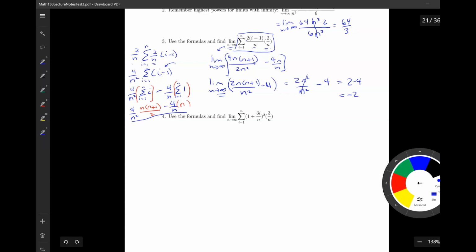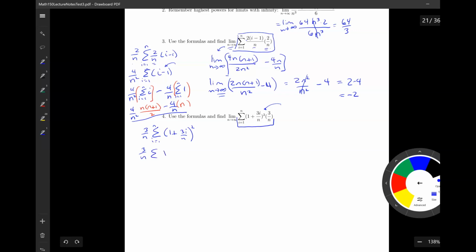All right, so stepping it up a little bit. Oh, I've got something squared in here. All right, so let's play with the sum first. So the sum, I'm going to take the time to pull the 3 over n on the outside, and I'll just write it here for a second. Then I'm going to multiply this out.